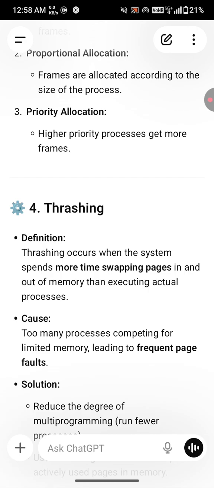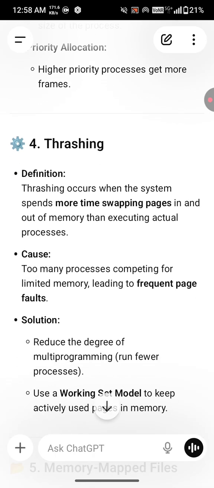What is the definition of thrashing? Thrashing occurs when the system spends more time swapping pages in and out of the memory than executing actual processes. Cause: too many processes competing for limited memory, leading to frequent page faults.